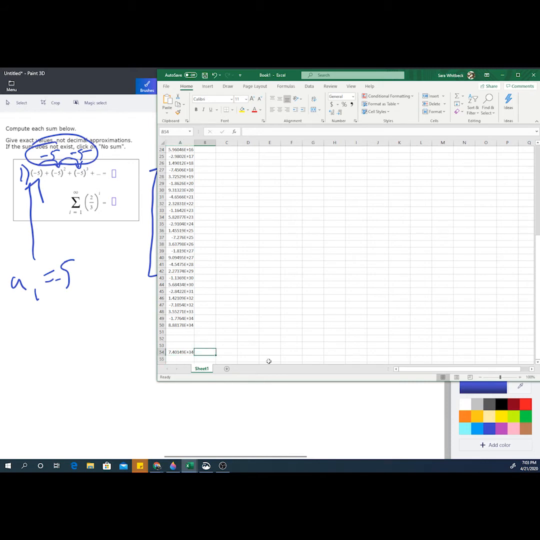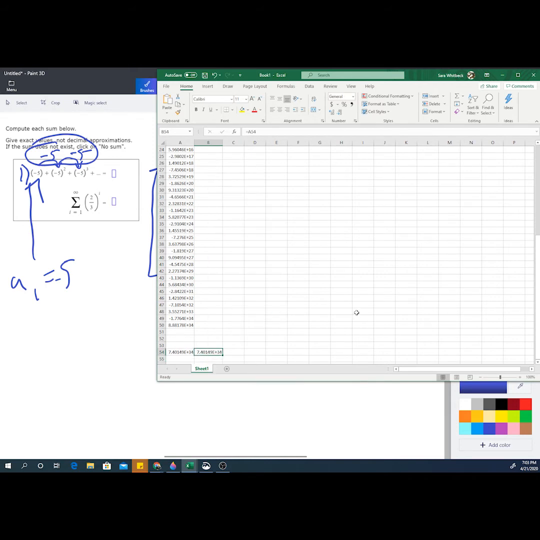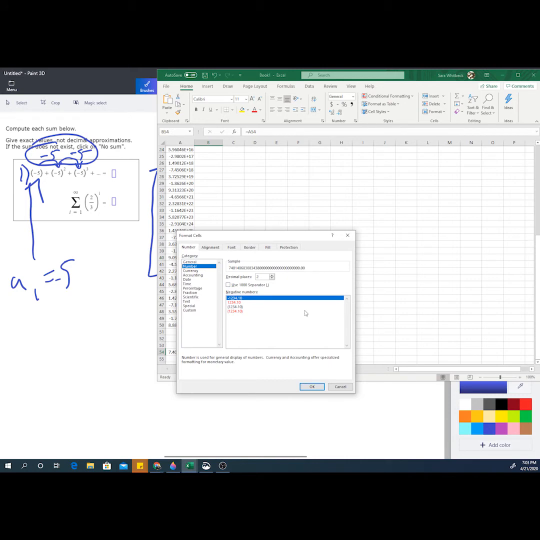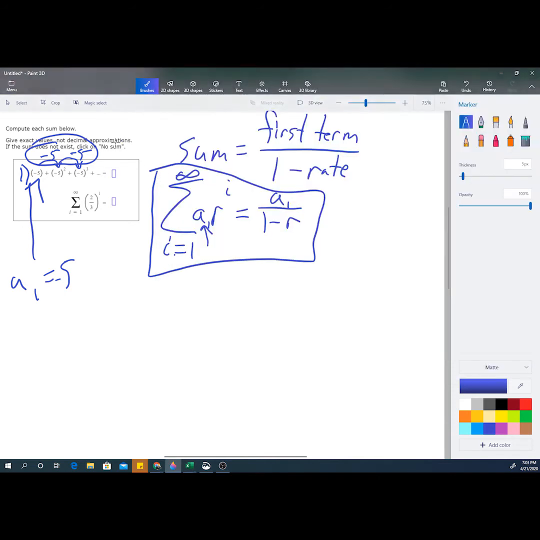If I want to write that out in longhand, I can come over to Format Cells and say I want a number. I don't need any decimal places. And this is how big that number is. I definitely would say that that number is heading towards infinity. And when it heads towards infinity, that is when we're going to say no sum.